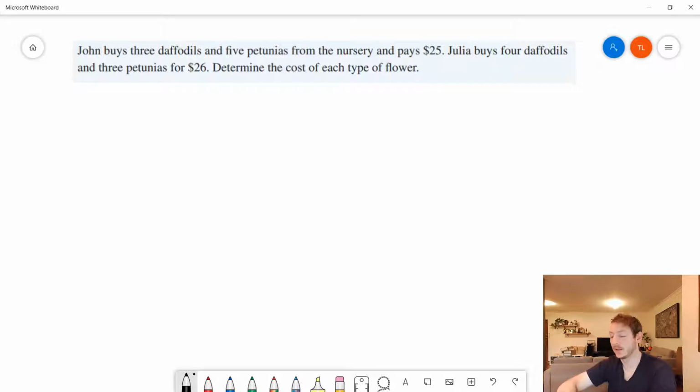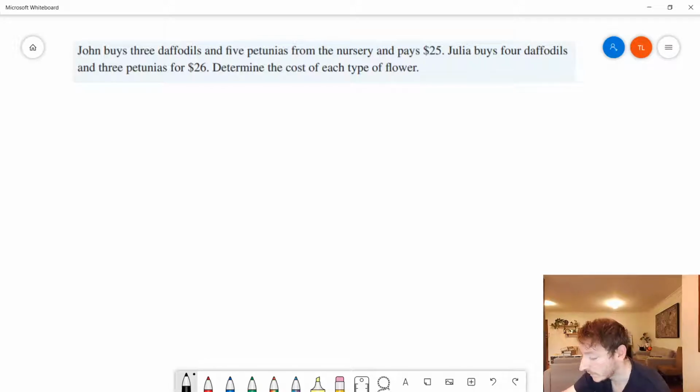We've got a number of petunias and a number of daffodils, but we're trying to find the cost of daffodils and the cost of petunias. So I just need to be careful. When I write the letter D, I'm thinking it's the cost of the daffodils. When I write the letter P, I'm thinking it's the cost of the petunias. You could, instead of D and P, write cost of daffodils and cost of petunias as well, if you'd like, just to help you remember that's what you're finding.